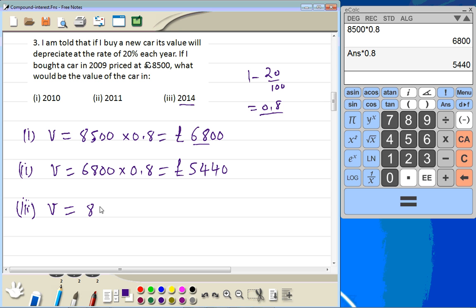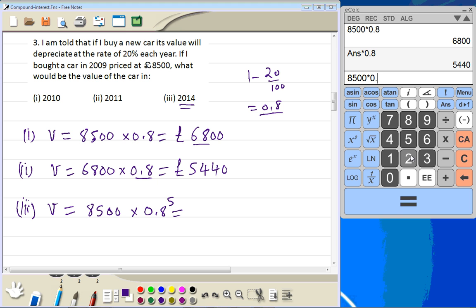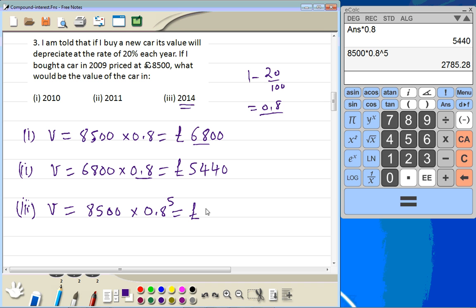So 8,500, the factor of this is 0.8. This is 5 years times raised to the power 5. 8500 times 0.8 raised to the power 5 equal, so it's worth 2,785 and 28 pence.